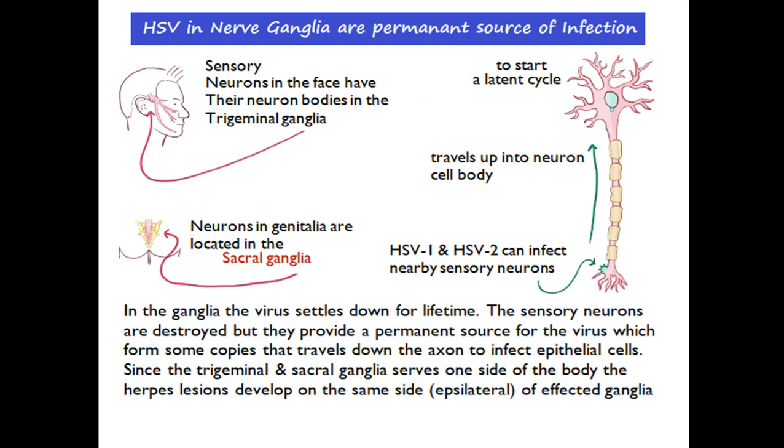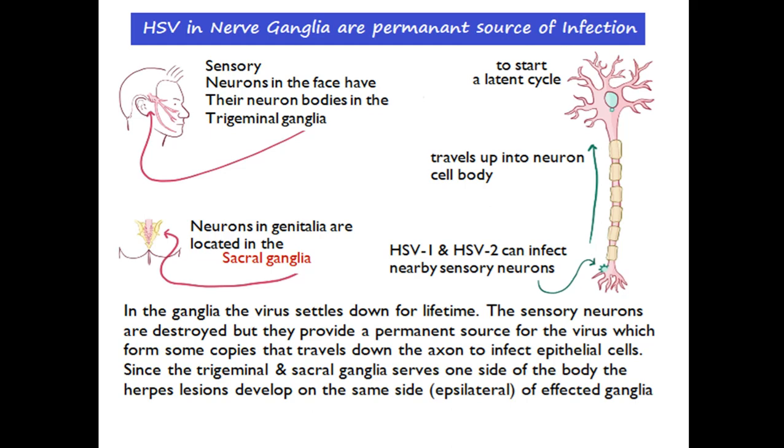Now we say that herpes simplex virus HSV1 commonly infects the tissues above the waist. Here in the face is located the trigeminal ganglia. The trigeminal nerve, you know, is a cranial nerve, and its ganglia, or nucleus, known as the trigeminal ganglia, is located on the face. So the HSV1 virus lives in the trigeminal ganglia.